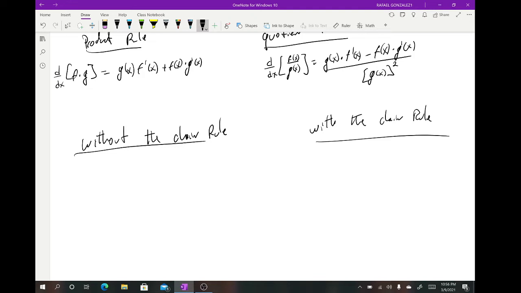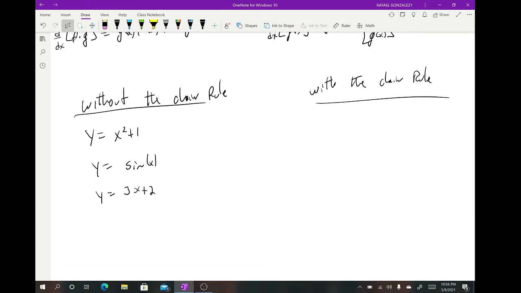Without the chain rule, you could solve things like y equals x squared plus 1, or y equals sine of x, or y equals 3x plus 2, meaning you could take the derivative of these functions without using the chain rule. Y equals e to the x plus tangent of x, let's say. So all of these you could solve without using the chain rule.